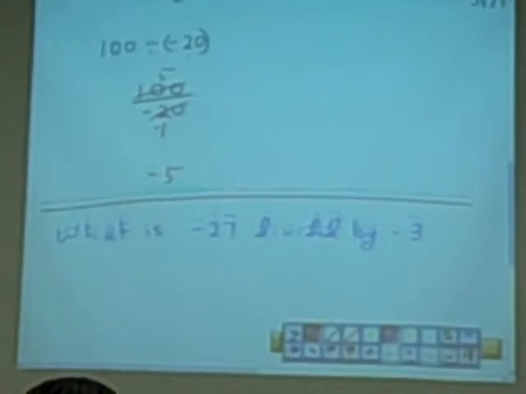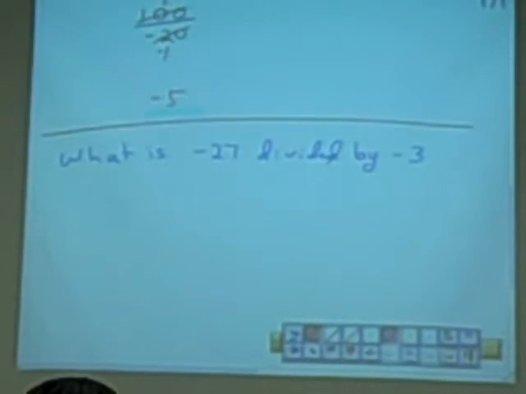So in this case, we have what is negative 27 divided by negative 3. How would you write that out as an algebraic expression? Negative 27 divided by negative 3, and you can write it out long ways, or you can just write it as negative 27 over negative 3. However you start it, you always want to put it in rational form.